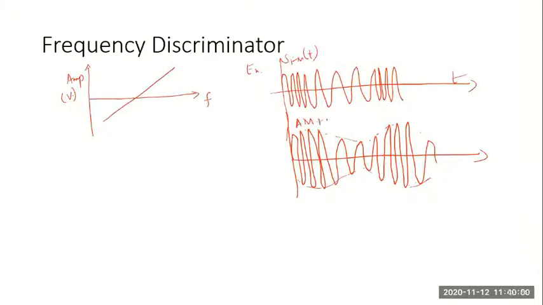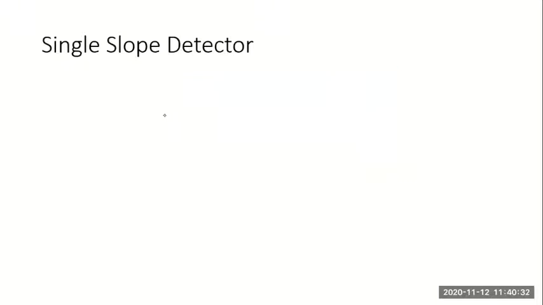This becomes combined AM plus FM after a frequency discriminator. So after the frequency discriminator, both FM and AM will be combined. The look of the signal will be something like this. This is a basic frequency discriminator circuit. So please understand, whatever discriminator we are going to study should give us characteristics similar to this. Okay. The characteristics should be similar to what we have spoken.